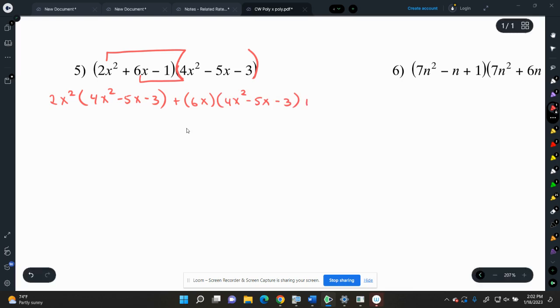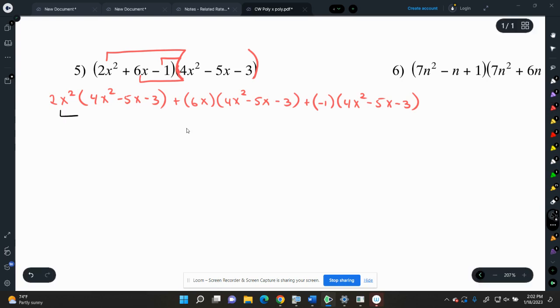And then we're going to do plus the negative 1 times that whole parenthesis. So now we've got it written out. Let's go ahead and distribute everything.